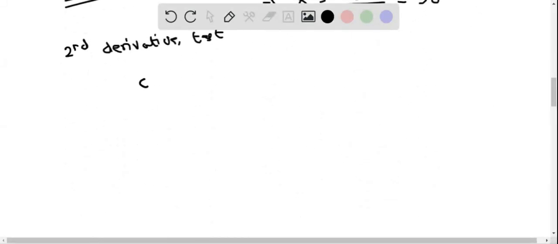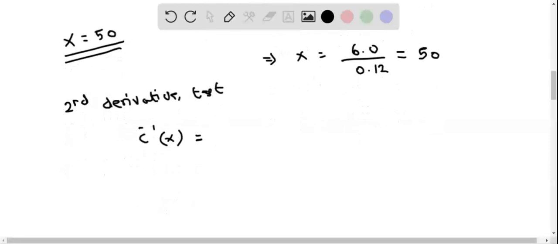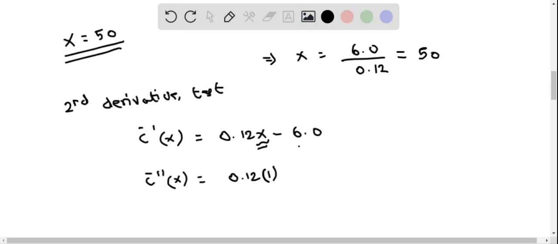We have c bar prime of x equals 0.12x minus 6.0. Now let me find the second derivative. I write down c bar double prime of x, and this equals 0.12 times the derivative of x, which is 1. The derivative of 6.0, which is a constant, is 0. So this equals 0.12.